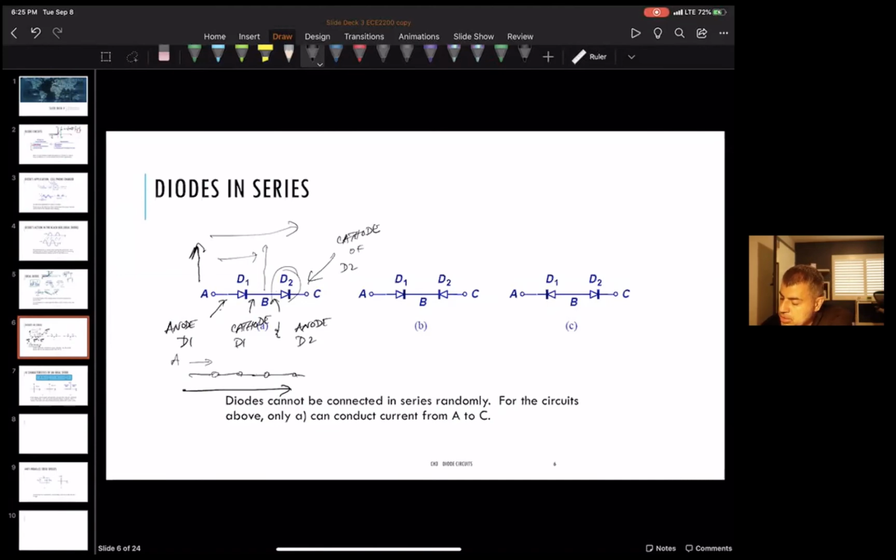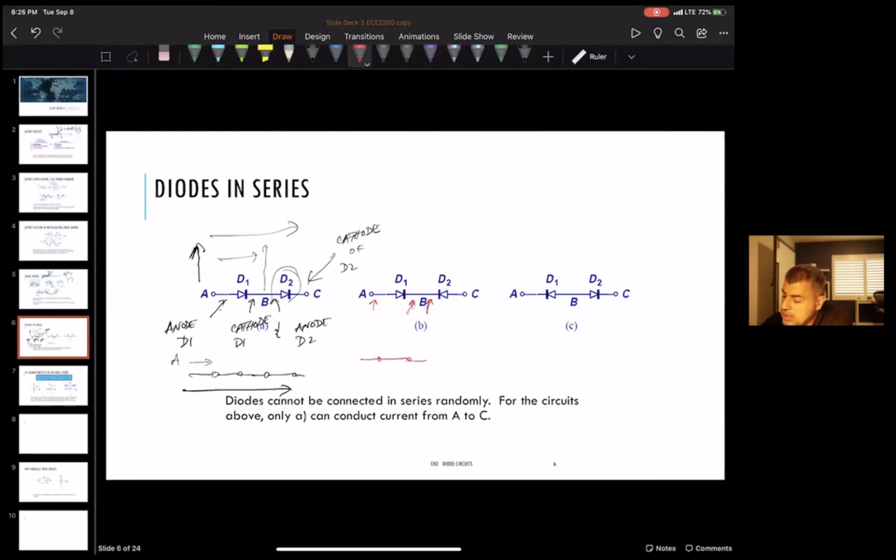Okay, now let's look at this example of B. For the case of B, again, the anode of D1 is going to be higher than the cathode of D1. So from here to here, it'll look like a short. But here, notice we hooked up the cathode of D2 to the cathode of D1, okay?